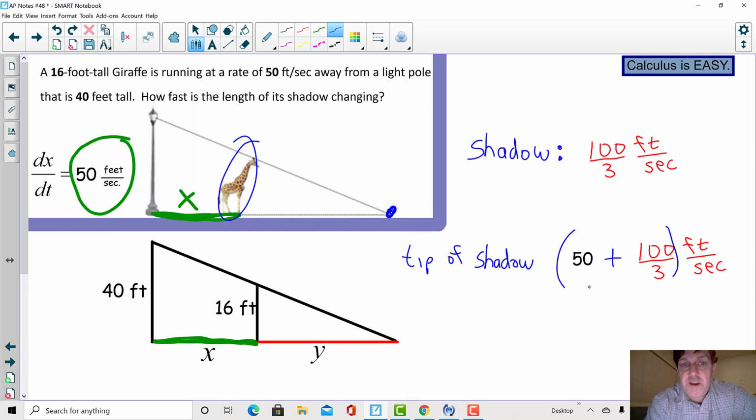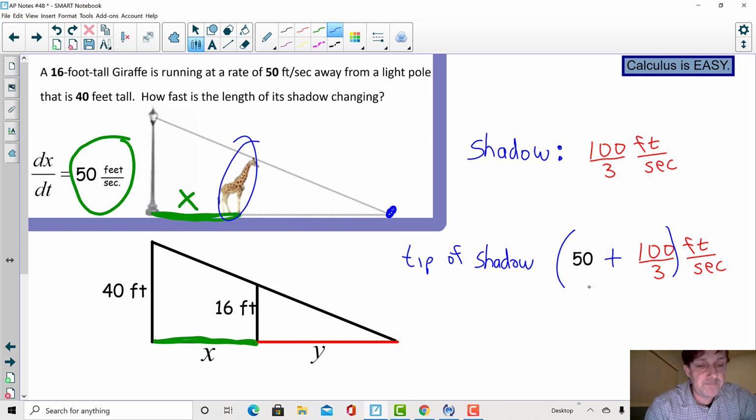So the length of the shadow is changing at a rate of 100 over 3 feet per second, but the tip of the shadow is increasing at a rate of 50 plus 100 over 3 feet per second. So those are two different questions, but whenever you look up the shadow question, those are the kinds of questions that they can ask.